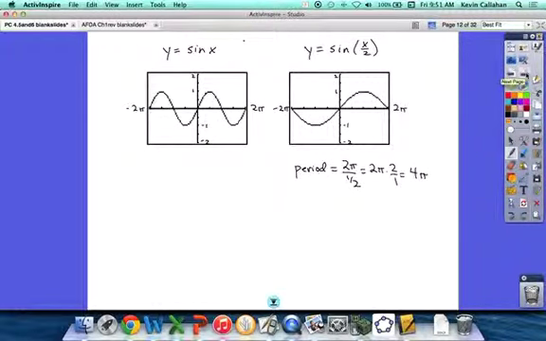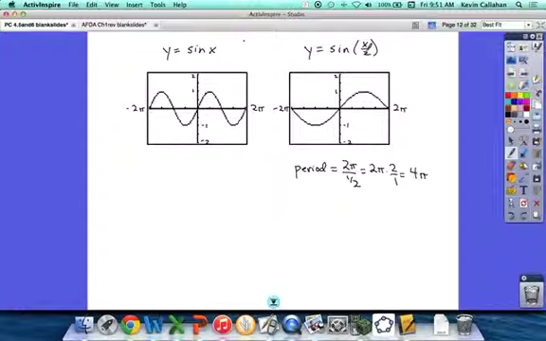Notice this one. Now I'm going to do sine x compared with sine x over 2. So what is the value of B in sine x over 2? 1/2. Right? What is multiplying times x? 1/2. So I use our formula. 2 pi over B is 2 pi over 1/2, which is 2 pi times 2, which is 4 pi.